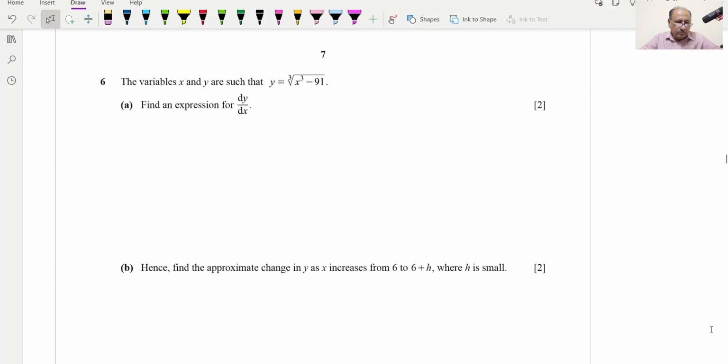Now question number 6. Question number 6 says the variables x and y are such that y is equal to this. Find an expression for dy over dx. This is a 2 marks question, a straightforward easy question.